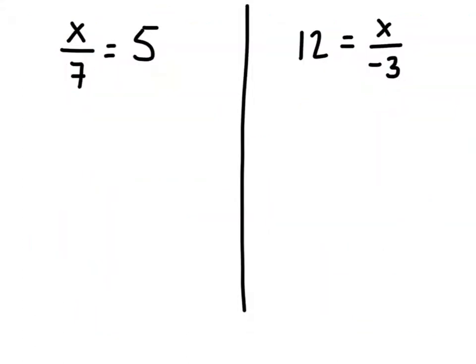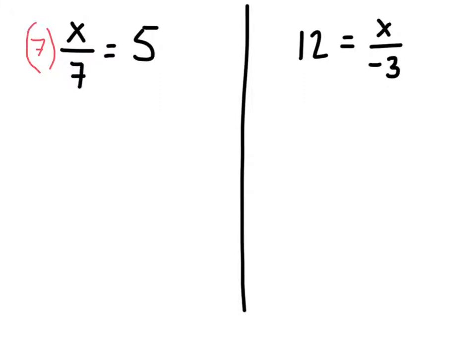Now we're on to some division. Let's look at the first one. The first one that we have is x divided by 7 is equal to 5. Remember, since we have a division here, we're wanting to use the opposite operation of division. So the opposite operation of division is multiplication. So if we have x divided by 7, we are wanting to multiply by 7.